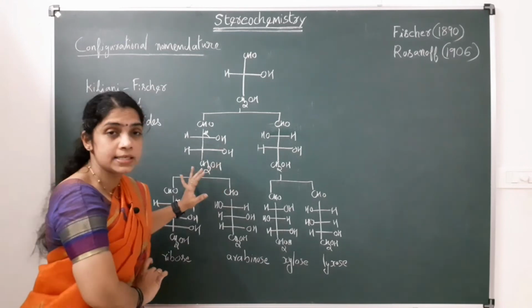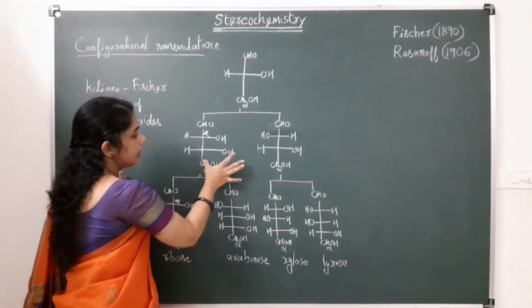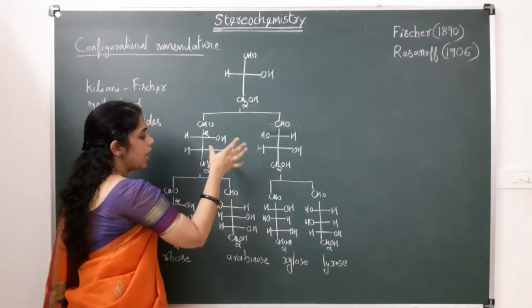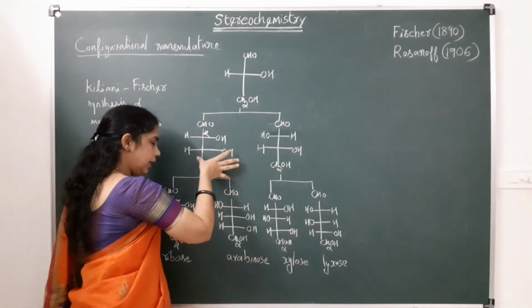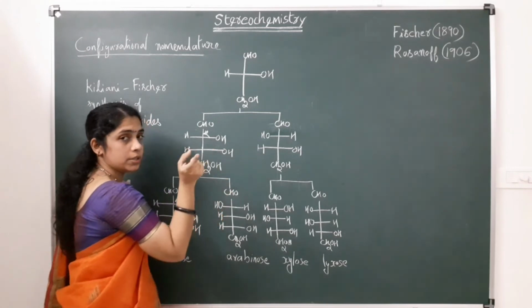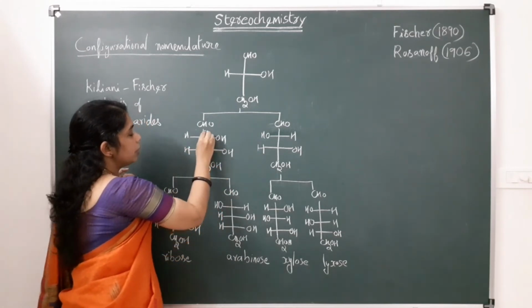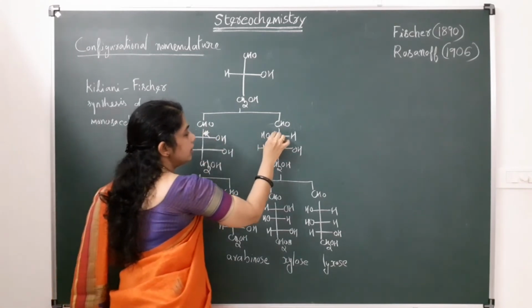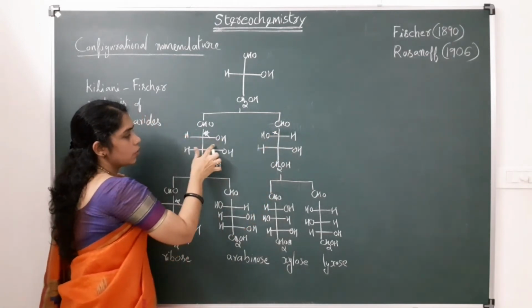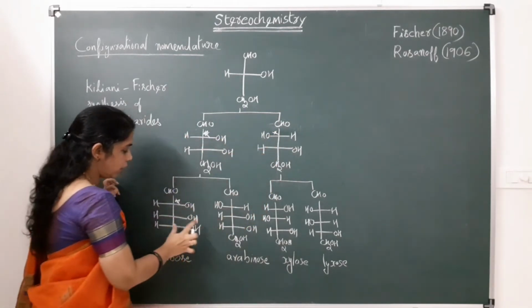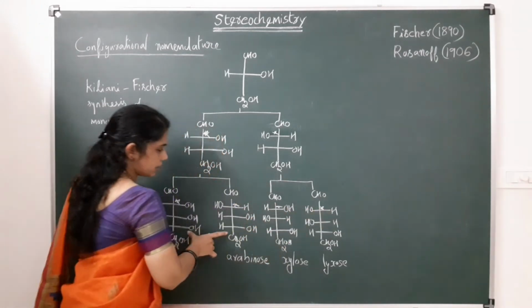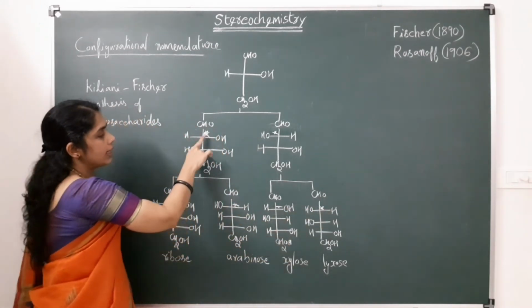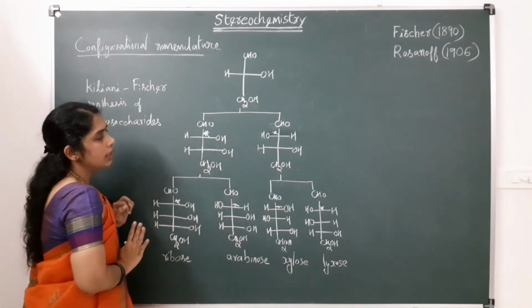They are all diastereomers, isn't it? These two are diastereomers, and these two are diastereomers, and among these diastereomers these are epimers, because only one asymmetric carbon atom is changing here. So these two are epimers, here also these two are epimers, because only one asymmetric carbon atom is changing, and the remaining are all the same.